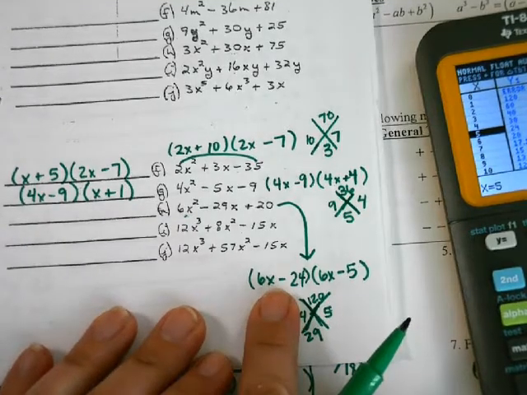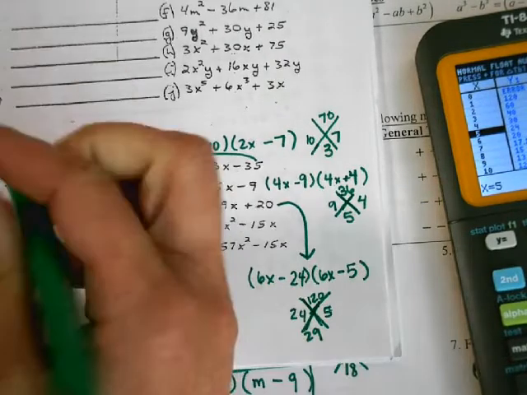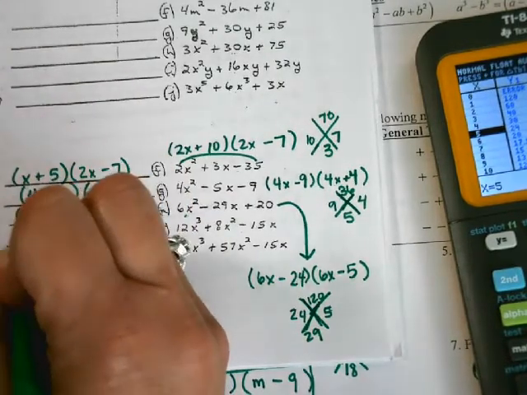Okay, 6x minus 24, do they have anything in common? Yeah, a 6, right? Take it out and throw it in the trash. 24 divided by 6 is 4.